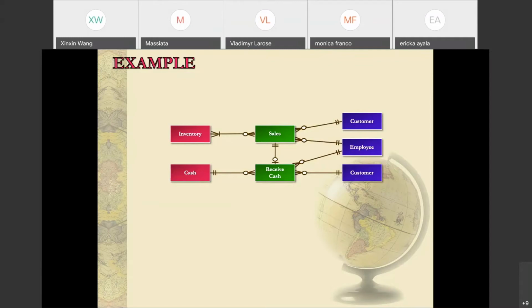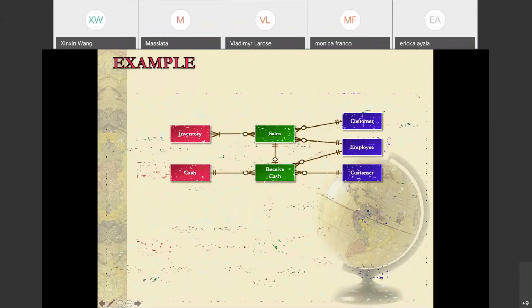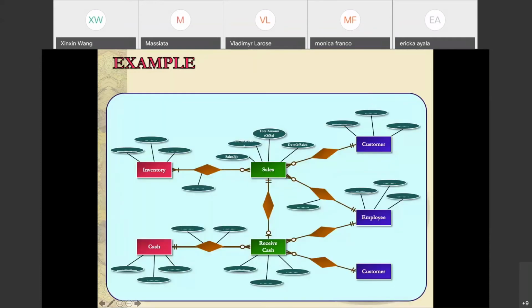So first, we have the REA diagram: inventory and cash as resources, sales and receive cash as events, and customer and employee as agents, right? We have this separate, and we also have a more detailed, more comprehensive diagram as an example.